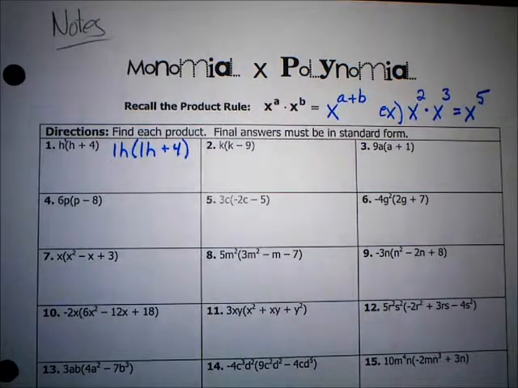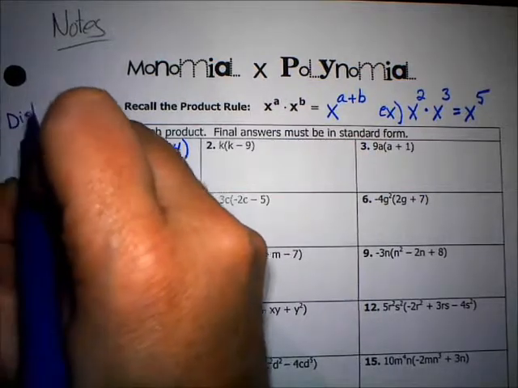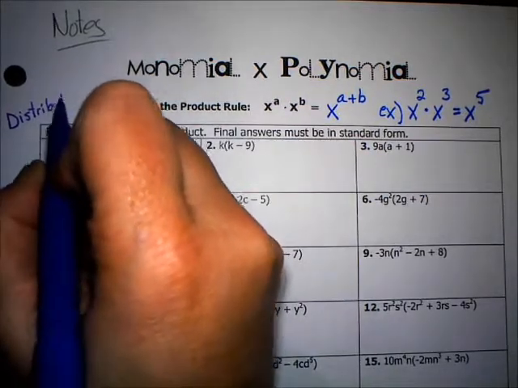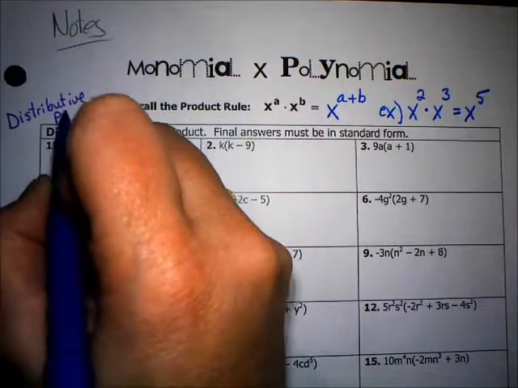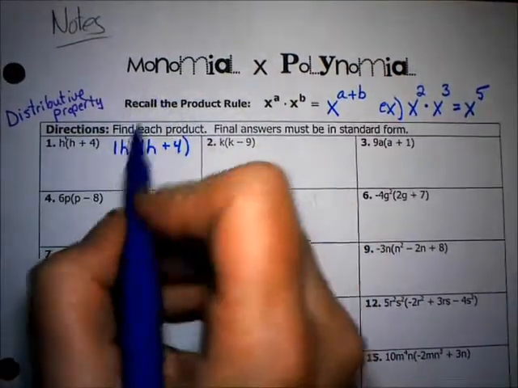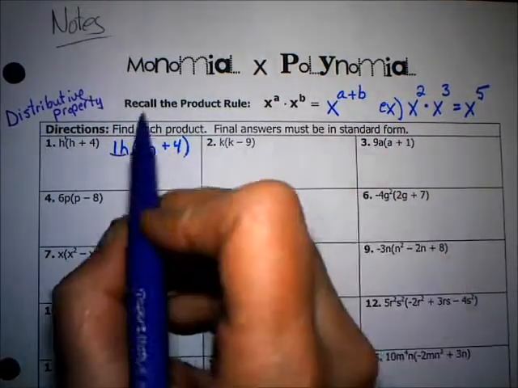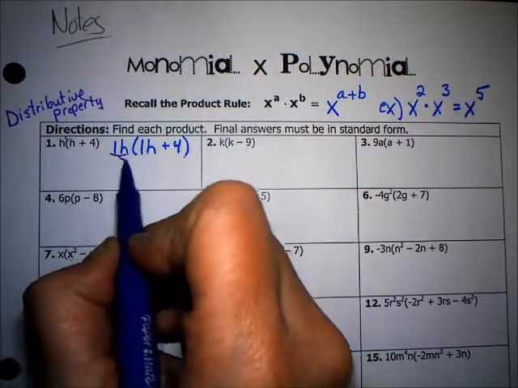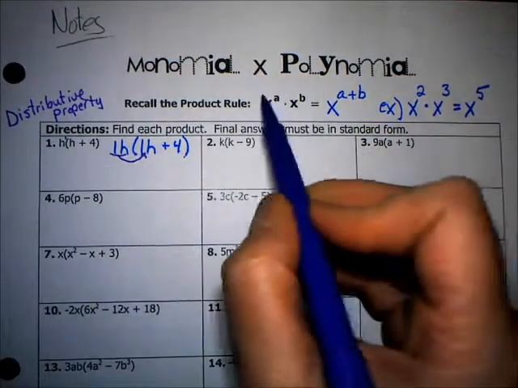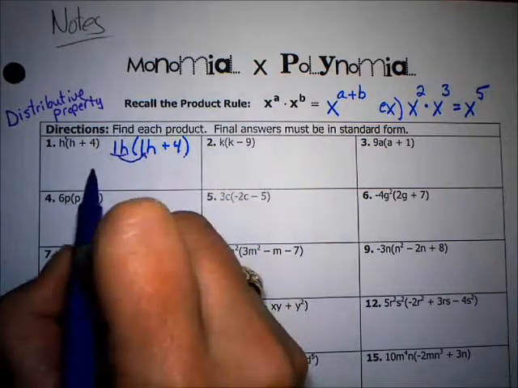Okay, so that I'm going to actually multiply this monomial that's on the outside times the binomial that's on the inside. So when I multiply, I'm going to do 1h times 1h. And remember this rule, the coefficients I'm multiplying, 1 times 1 is still 1, but the h's have exponents of 1s. So when I do h times h, that's 1 plus 1, which means I actually now have h squared.